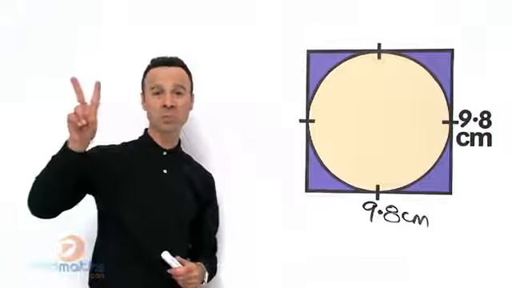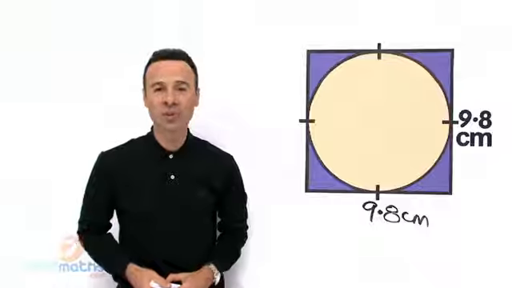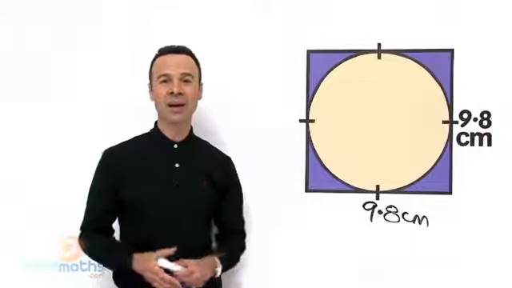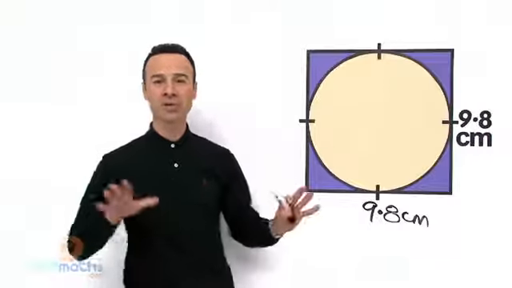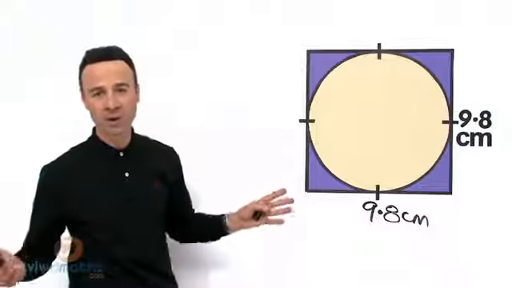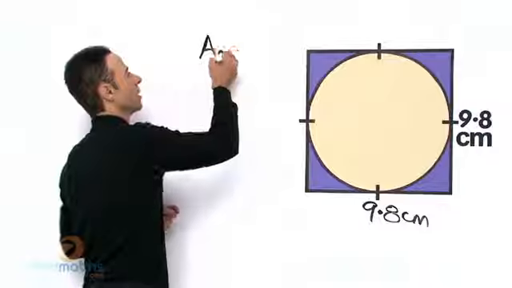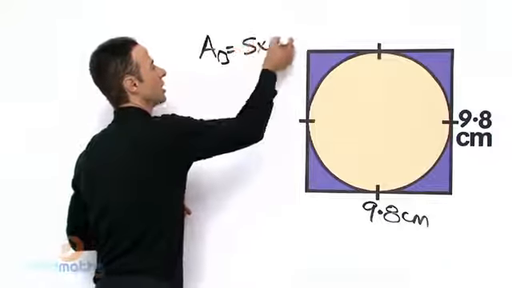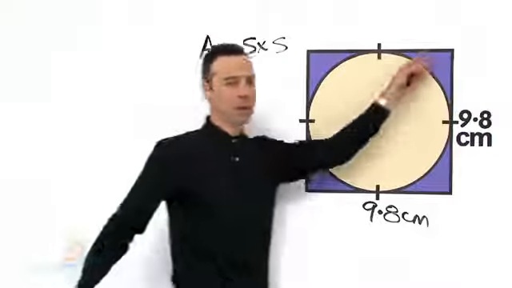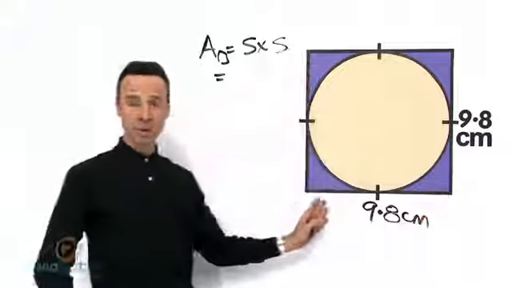Now, this is to 2 decimal places, and all units are in centimeters, and we're going to work it out, one subtracting the other. So first of all, area of a square. We already know how to do that. Area square equals side times side, and that equals 9.8 times 9.8.